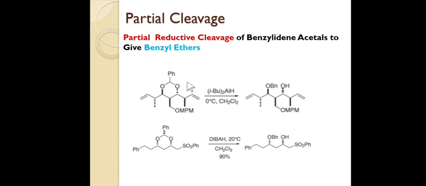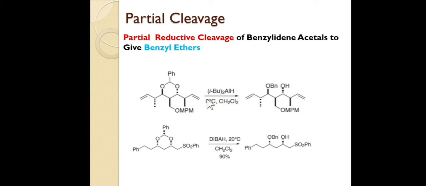If we do the reduction, one hydrogen will go to this carbon and another hydrogen will go to oxygen. So we will get OCH2Ph and here we get OH. So we get OBn, that is OCH2Ph, and OH. So this is also a very useful method for creating O-benzyl by partial reduction of benzylidene protection.